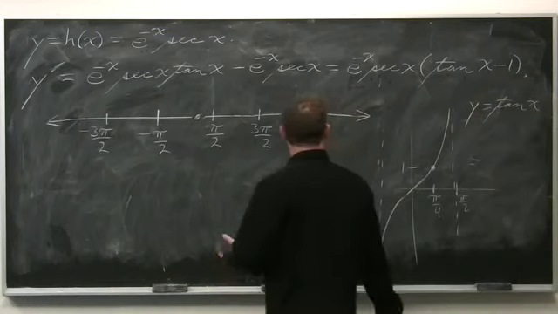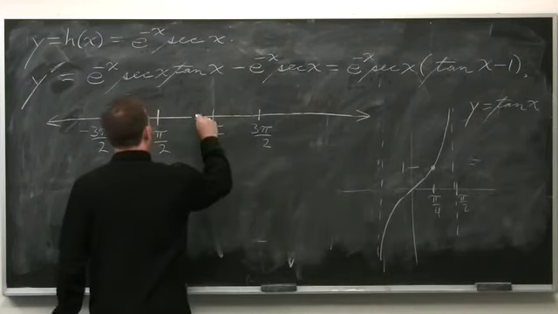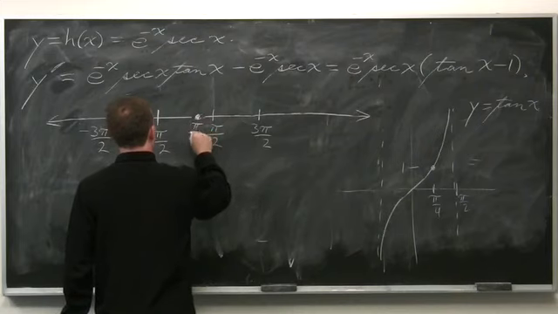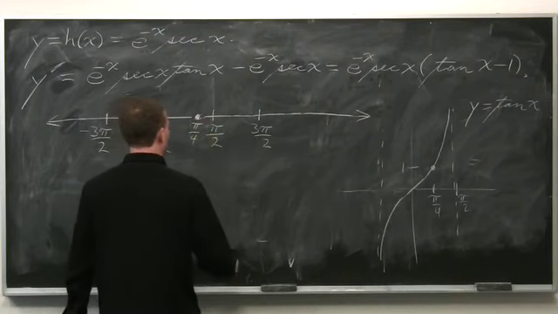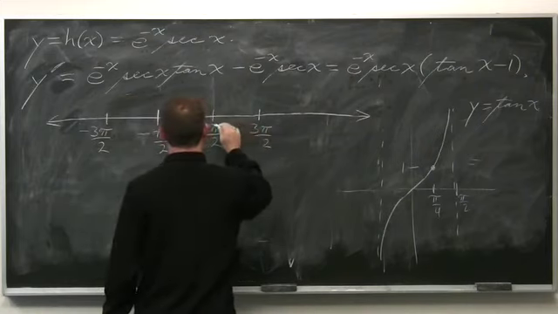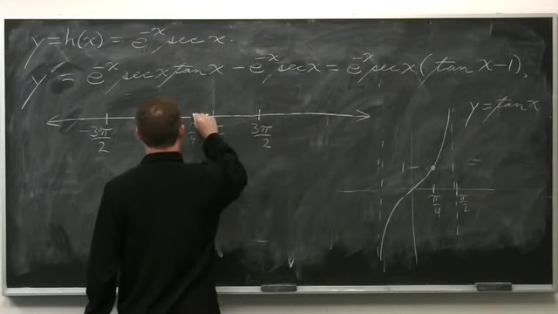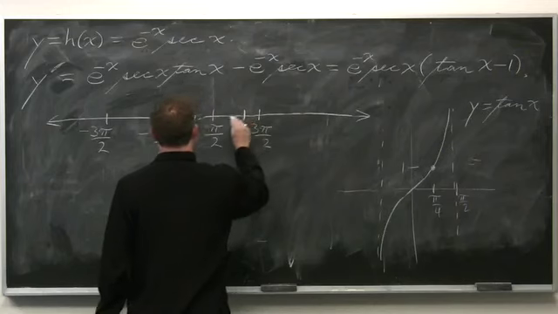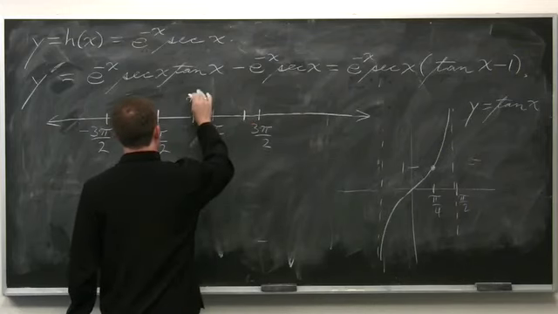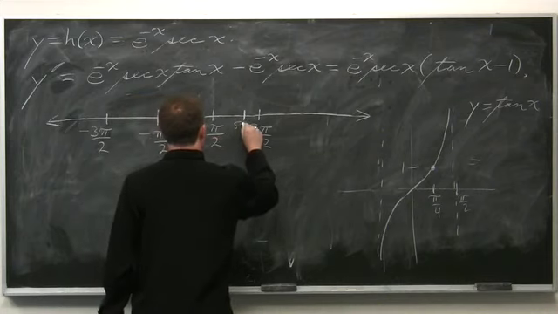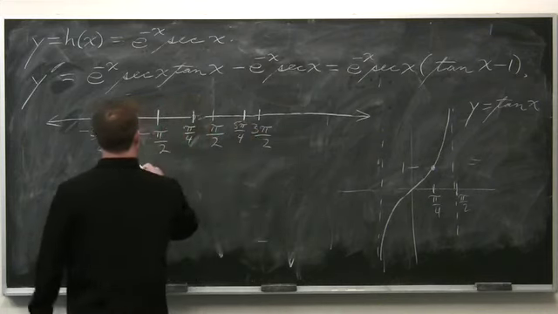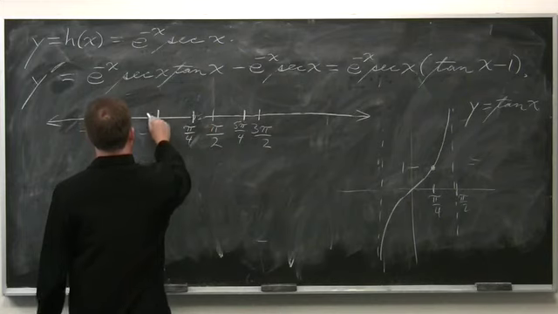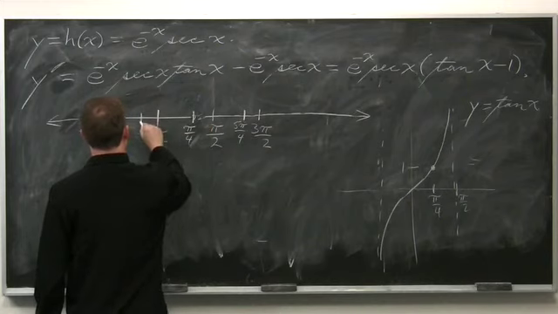So where does tan x minus 1 hit 0? Here at pi over 4, and then you add another pi, so that's 5 pi over 4. Pi over 4, 5 pi over 4, and this keeps repeating. There's another place right here.